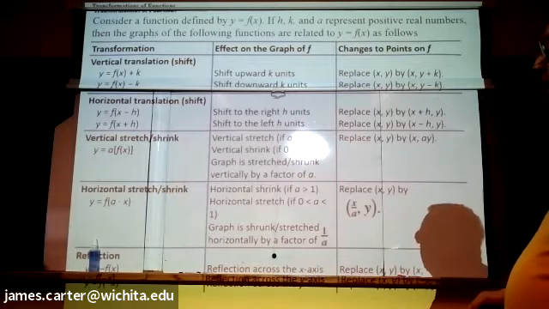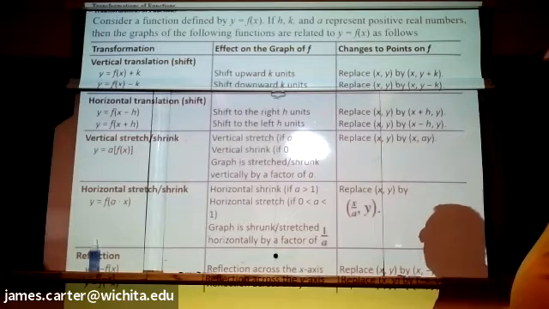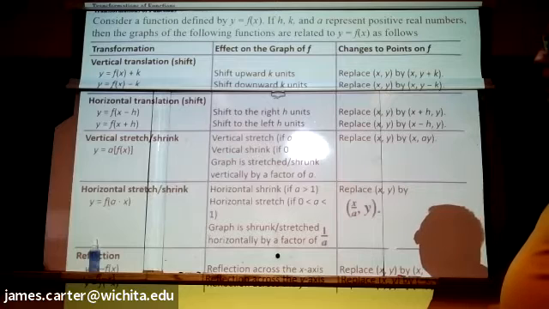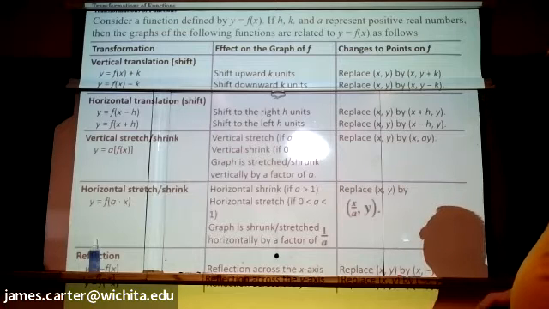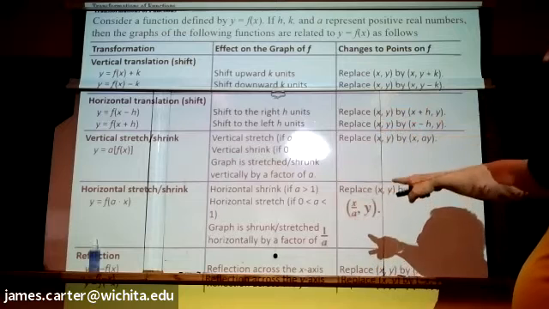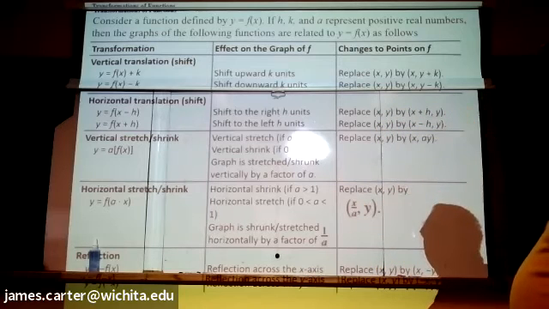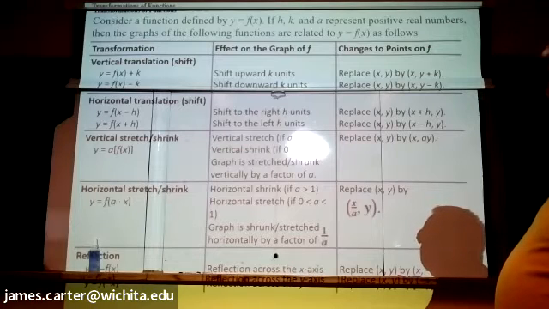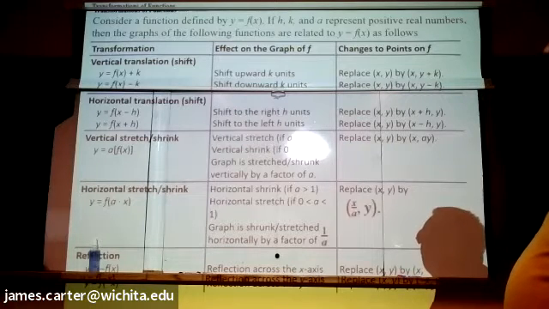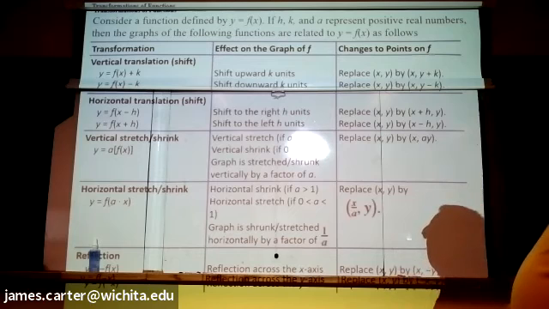I don't remember the exact page number, but you can find this chart in your text, and it would be very good to make a copy of to have while you're working in ALEKS. It's a summarization of all of the different types of translations or shifts.